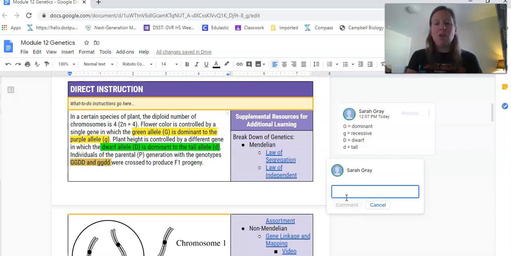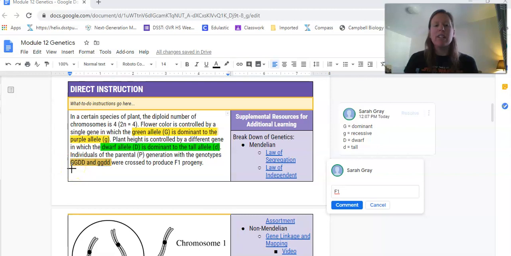So if I were to cross those, what would I get? Well, remember, you inherit one allele from your mom and one allele from your dad. And in the case of Mendelian genetics, we assume that these are, if they were not linked, you would inherit, again, one capital G from your mom, and then you'd inherit a lowercase g from your dad, and then you'd also inherit a capital D from your mom and a lowercase d from your dad, right?